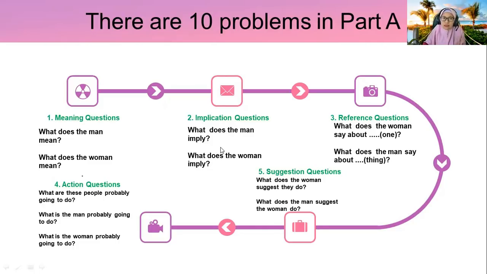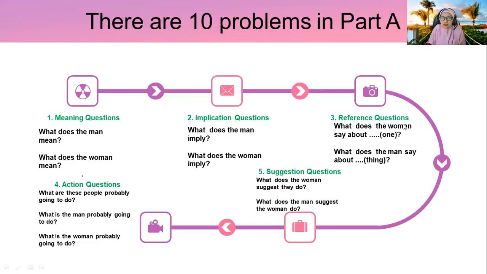Sometimes the speaker or the second person didn't tell you something, but you have to catch the idea from the second person by using implication. So this is tersirat, unspoken, unstated, like in reading.